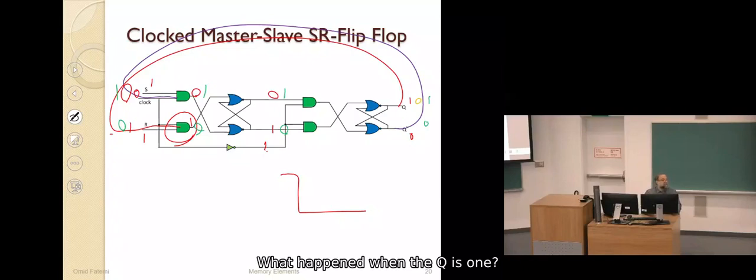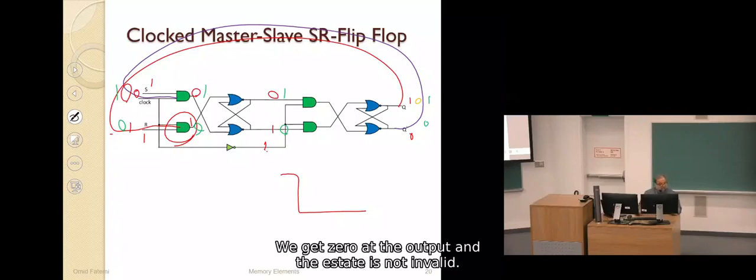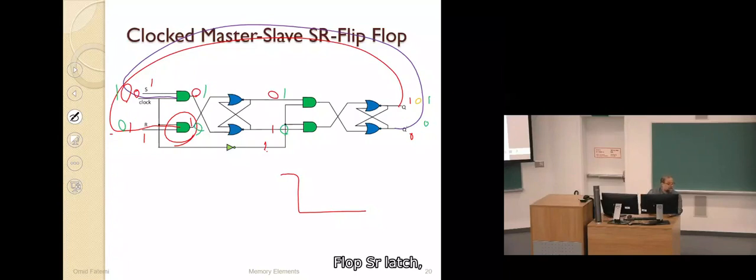What happened? When the Q is 1, J and K both become 1, we get 0 at the output. And the state is not invalid. It still stores the state. It has a state. It has a memory, a good memory. In the SR flip-flop, SR latch, when both of them are 1, it was not good.